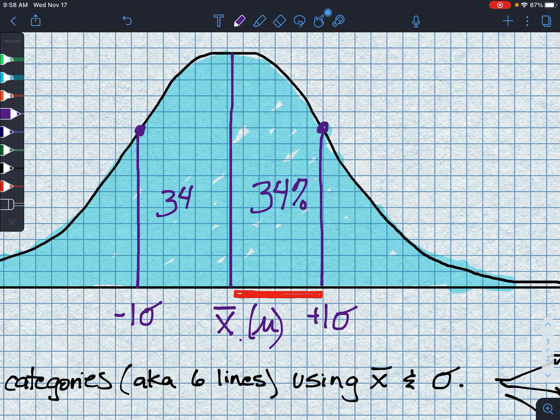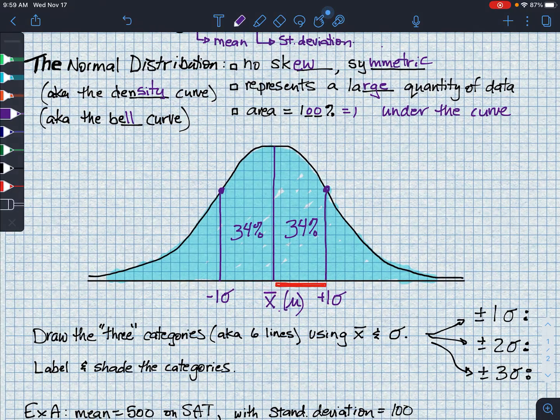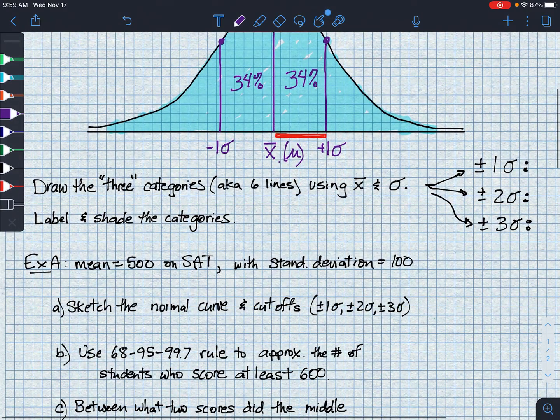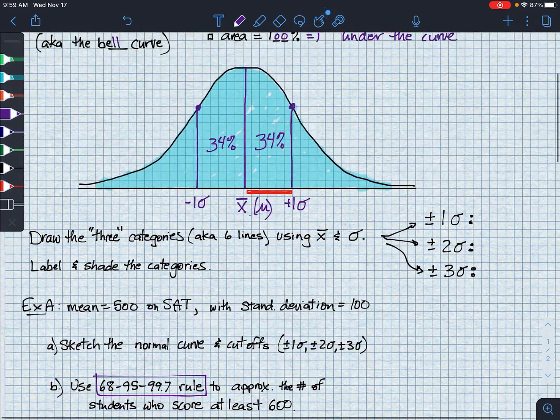Again, it too will have 34% of the data. Notice that when you add 34 and 34, you get 68. This is what we call the 68, 95, 99.7 rule, which we'll use in a moment. All right.